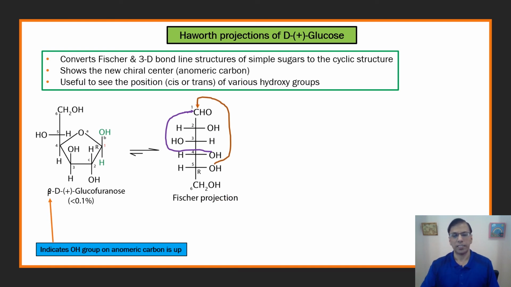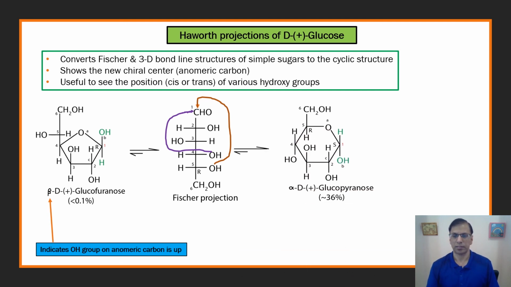So if the OH group on carbon atom 5 reacted with the aldehyde group, then you'll get a 6-membered ring. In this case, the OH group is on the bottom, and hence it's called the alpha form.